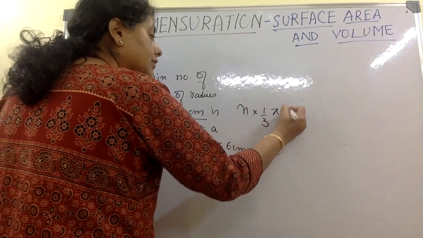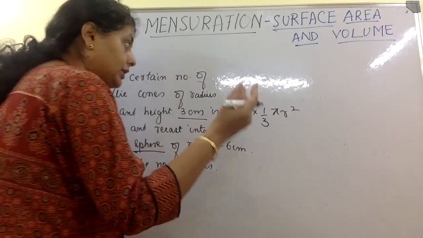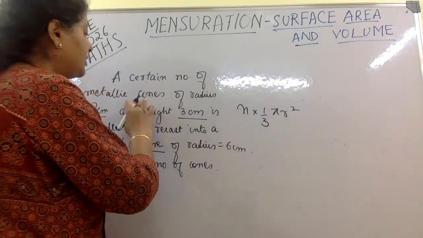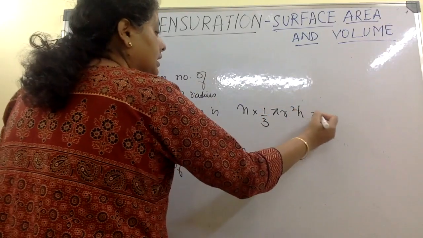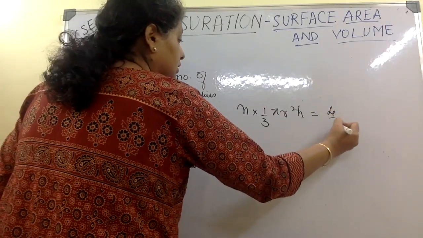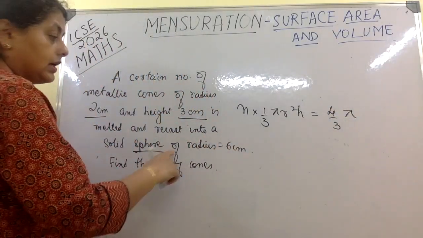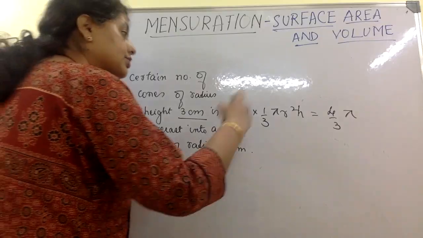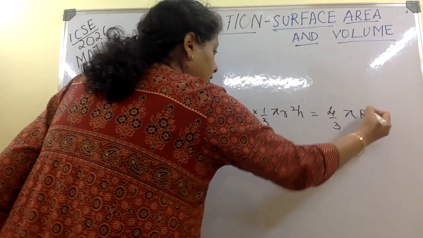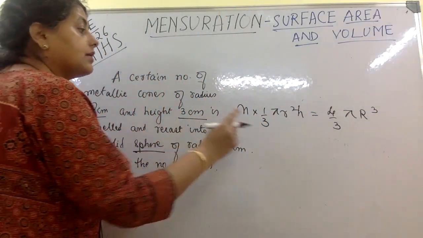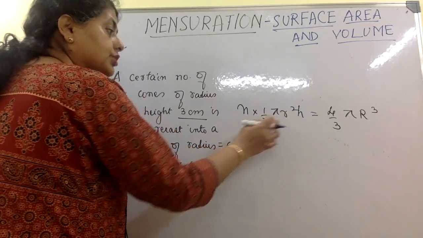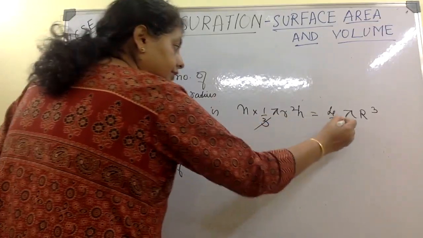1/3 pi. Whenever something is melting, you have to take the volume, because they have told metallic cones. 1/3 pi r square h is equal to 4/3 pi, and here the r is different, which is 6. Let me put pi r cube because only one sphere is made and here many cones were there. Cut out the 3 first.